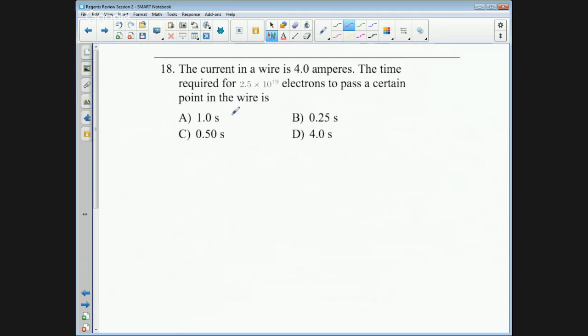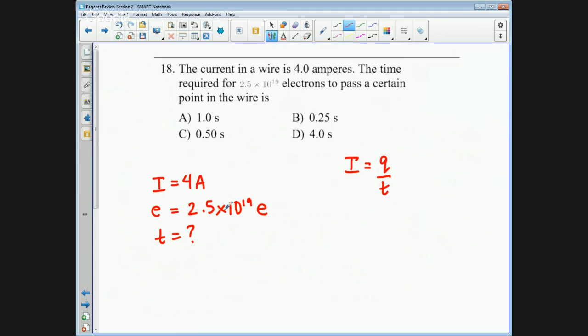This says the current in a wire, so current equals 4 amperes. The time required for 2.5 times 10 to the 19 electrons to pass a certain point in the wire is, we're solving for time. Okay, so the formula we need to use is I equals Q over T, charge over time.